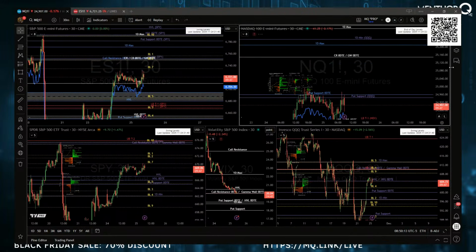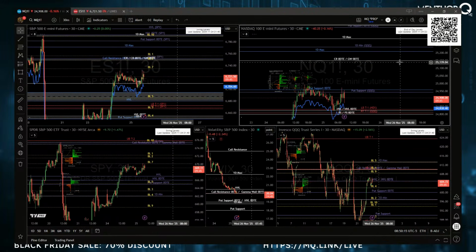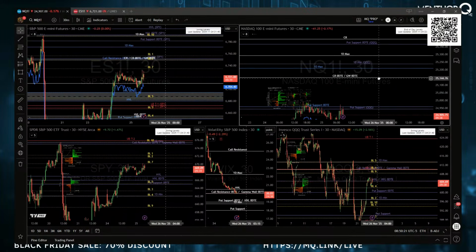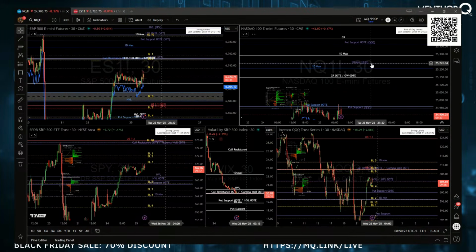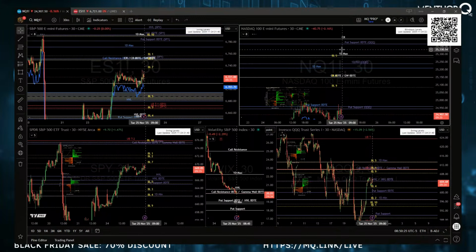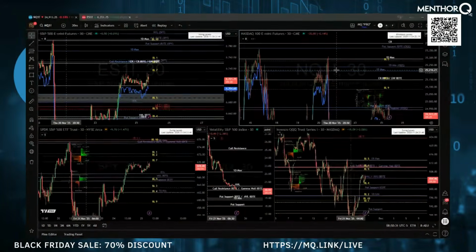Then what do we have? First resistance sitting around 25,150 to 25,300. What do we have here? 2 times 1-day max, call resistance, gamma wall, blind spots, and not only. We have a lot of stuff here.